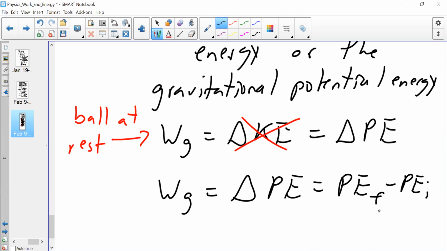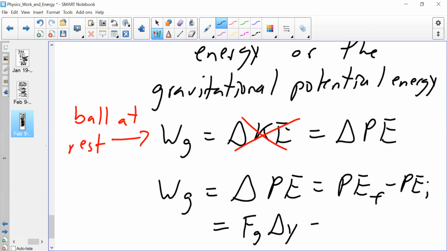And this potential energy is going to be equal to the force due to gravity times the vertical height, delta y.